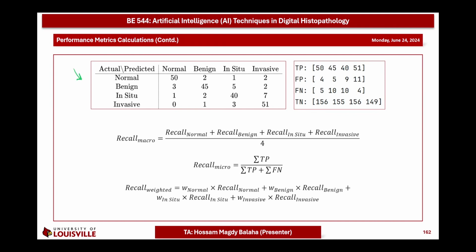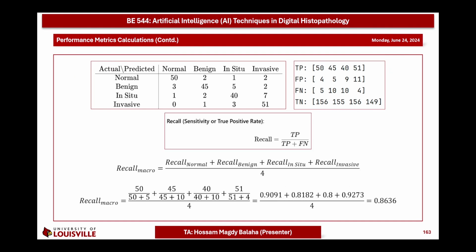To understand how to calculate the three approaches, we can get an example. This is the confusion matrix that we saw earlier, and we need to calculate the recall or sensitivity for the three approaches: macro, micro, and weighted. So let's start with the macro.